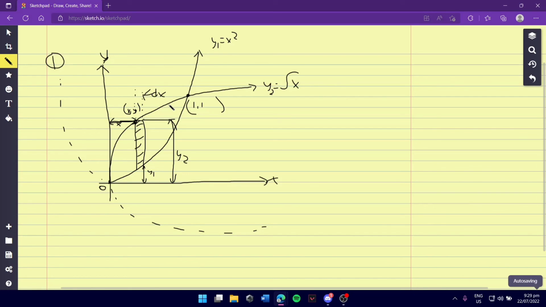Next, we will apply the washer. Since it is rotating about the x-axis, this is your AOR. Now this will become the first and then the second disc.